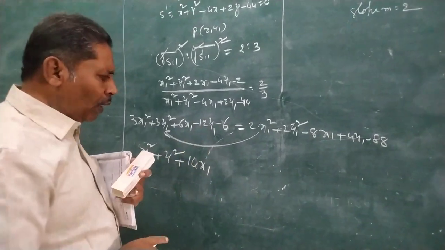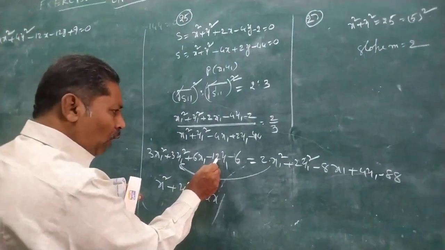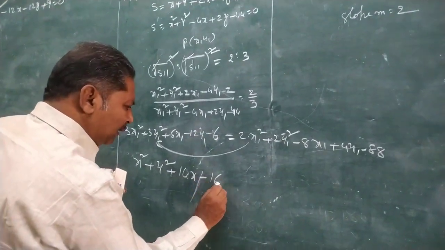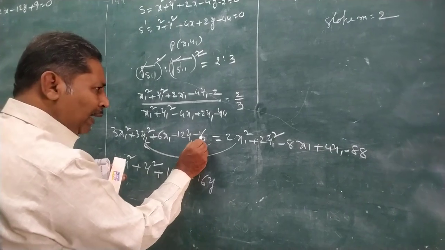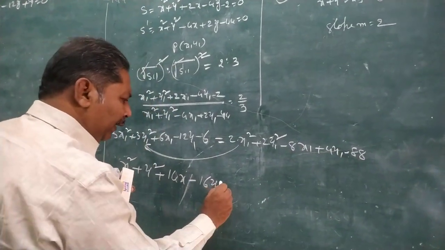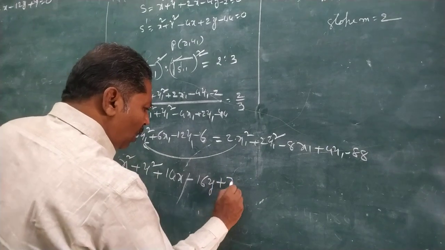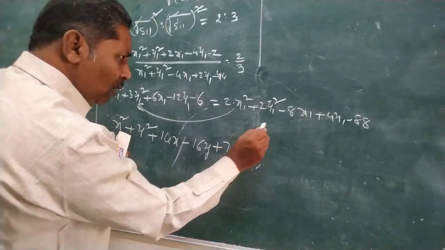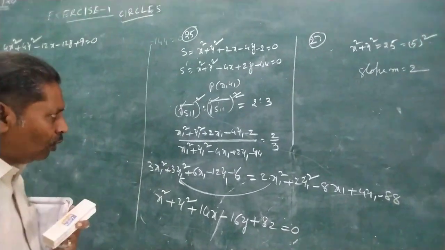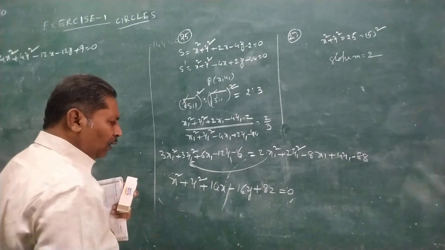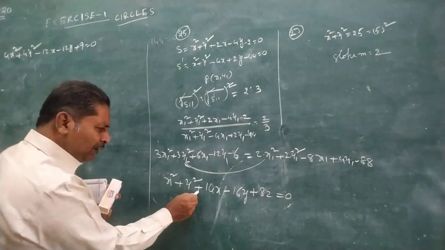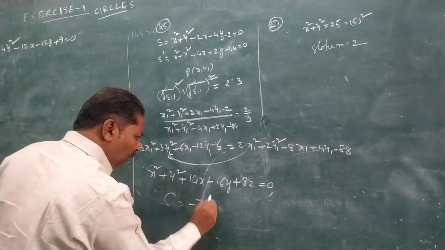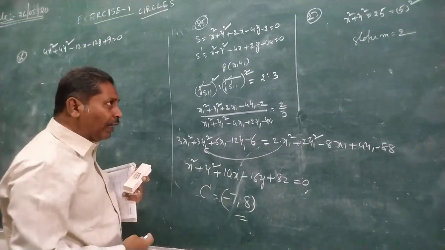Next, minus 12y1 minus 4y1 equals minus 16y1. Minus 6 plus 88 equals plus 82, equal to 0. So this represents a circle. We want the center of this circle. So the center equals minus 7 comma 8.